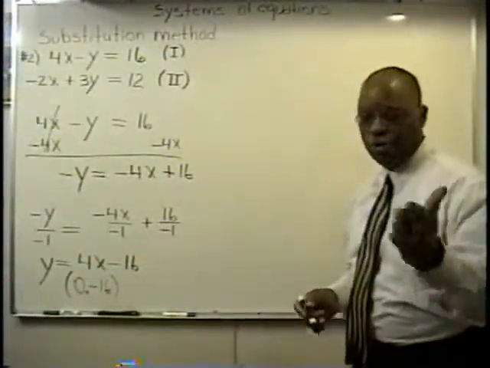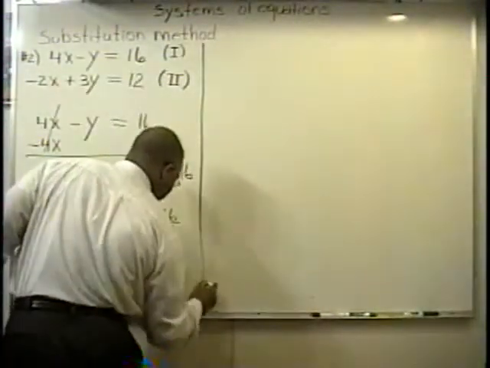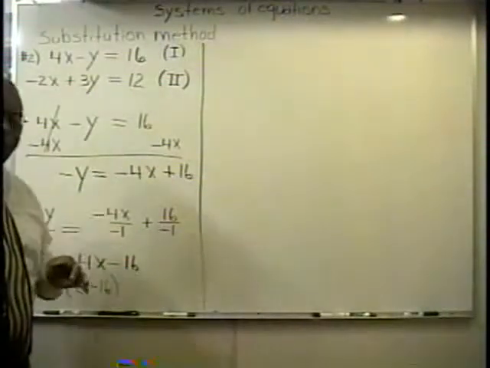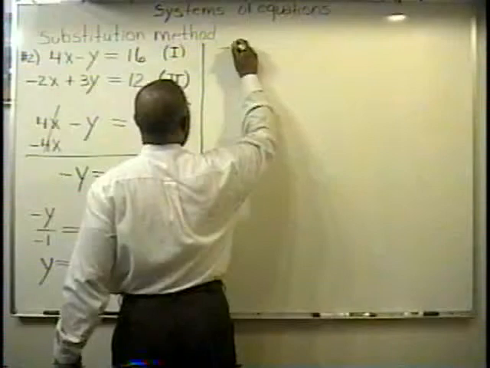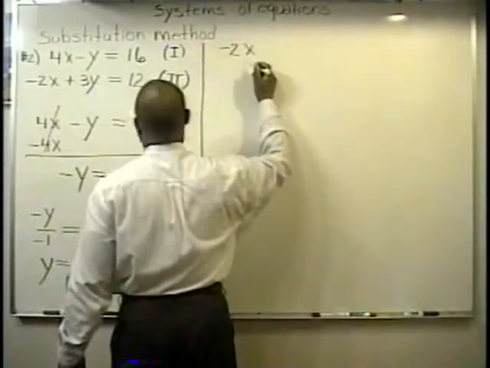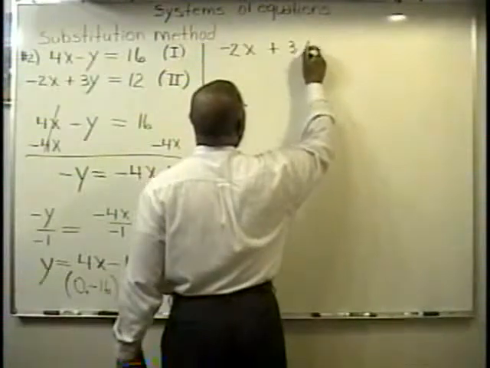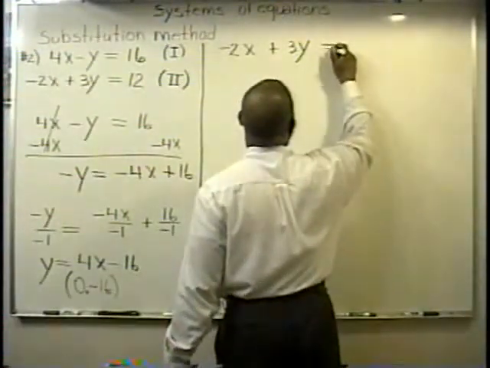So now let me show you the substitution. Drawing this line here, and please let me know whether the pace that I'm moving is good for you. Here goes the second equation: -2x + 3y = 12.